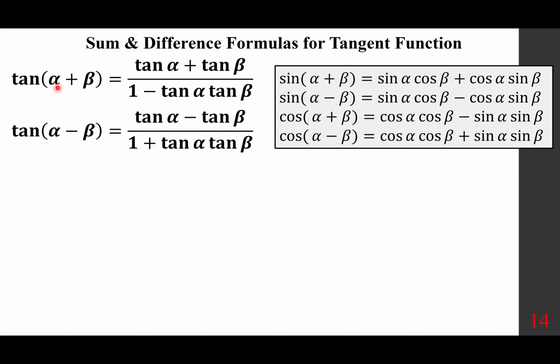All right, we said tan of alpha plus beta is tan alpha plus tan beta over 1 minus tan alpha tan beta, and tan of alpha minus beta just basically change the sign. So we want to prove the sum and difference formulas for tangent function.